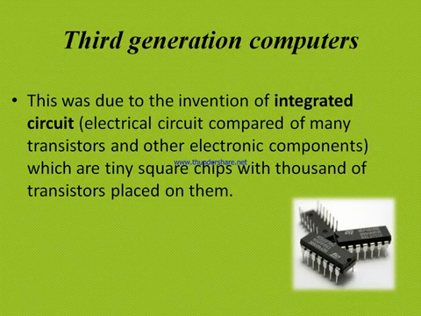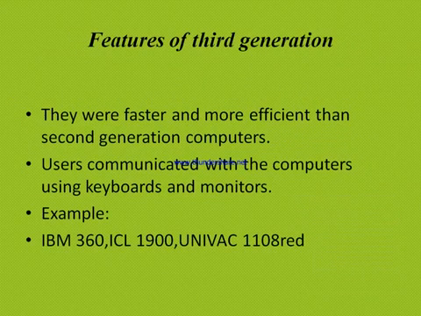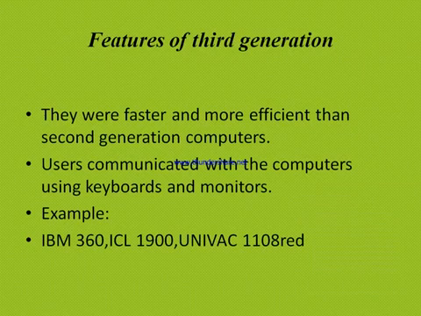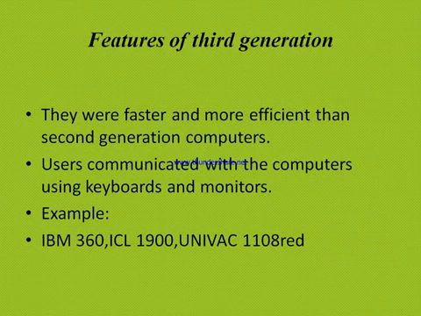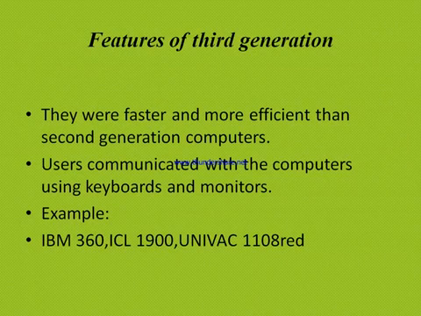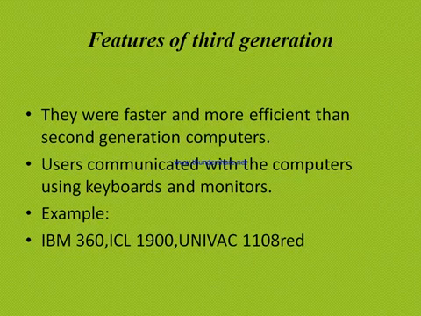You can see some integrated circuits in this picture. The features of third generation computers are they were faster and more efficient than second generation computers. Users communicated with the computers using keyboards and monitors. For example, IBM 360, ICL 1900, UNIVAC 1108 Red.